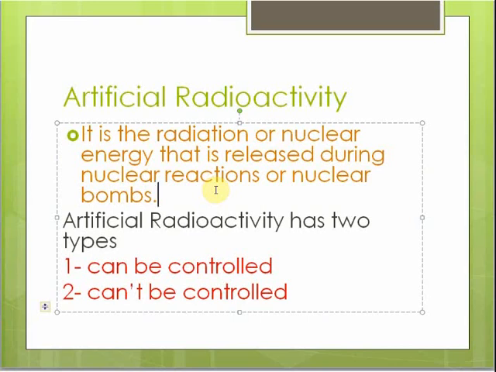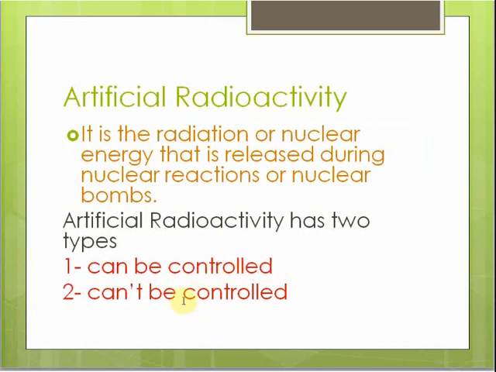Okay, so now we have two types of artificial radioactivity. Number one, reactions that can be controlled, and number two, reactions that can't be controlled. They can be controlled, which is done in the nuclear reactors, while the others can't be controlled, like the nuclear bombs.